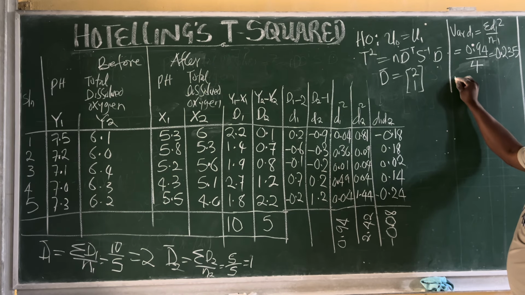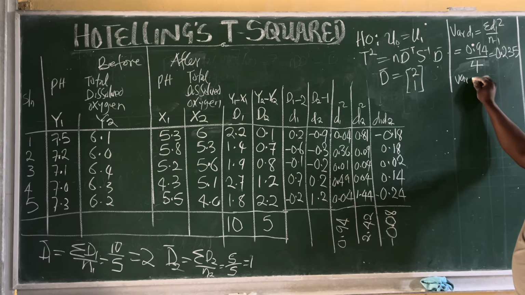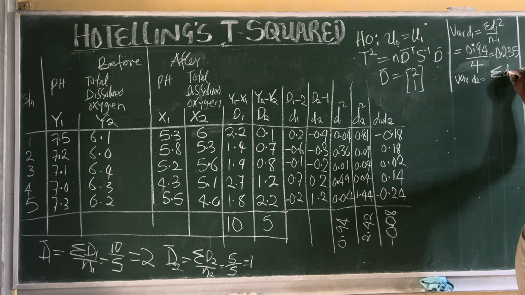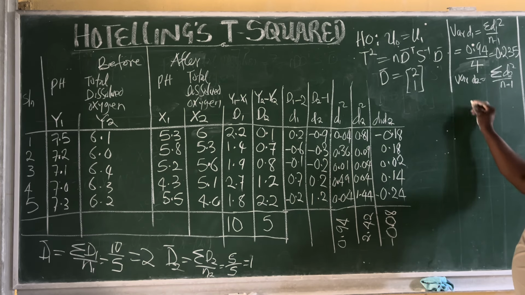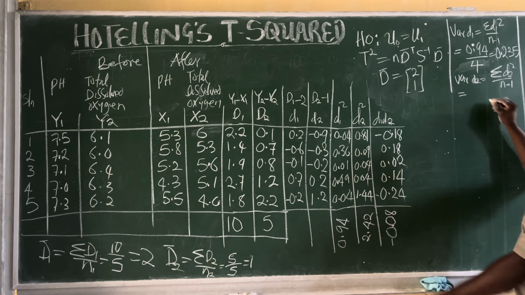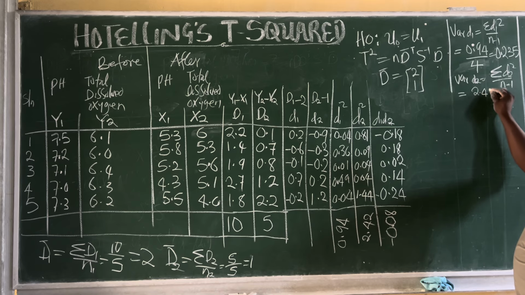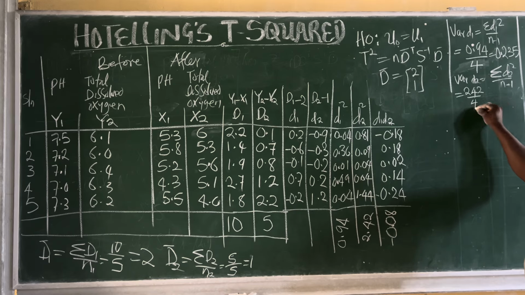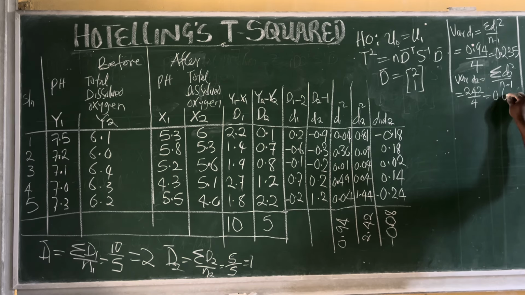Alright. So variance of D2 will be equal to the summation of D2 square all over n minus 1. And that will be equal to the sum of D2 square, which is 2.42, all over 4. And that's 0.605.